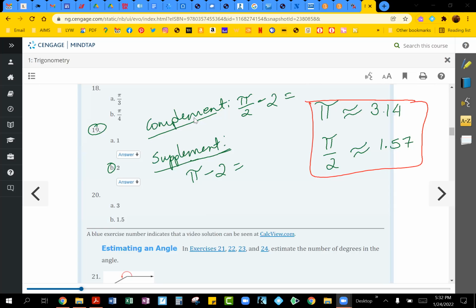If you do want to share both your answers with me, put a comma between them, and the first one should be for the complementary angle, second one for the supplementary. Okay, I've got Melanie, Lucy, Katie, looks like you guys are sharing your complementary angle with me for now. Okay, Savannah, not a problem.